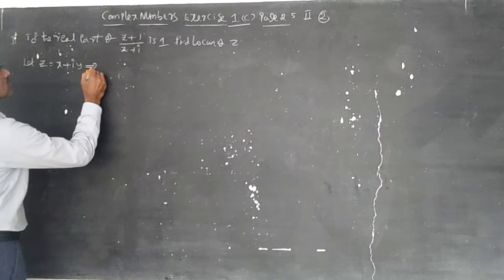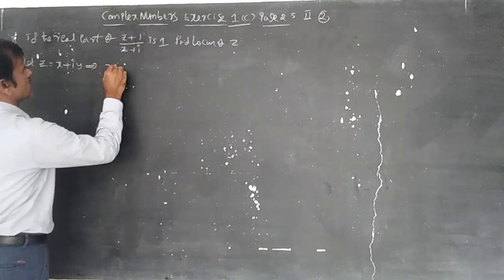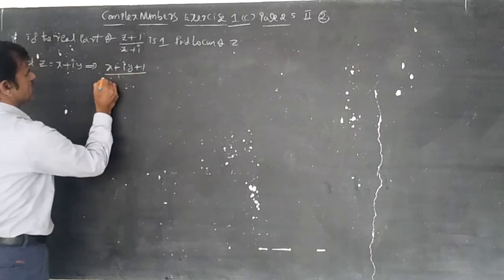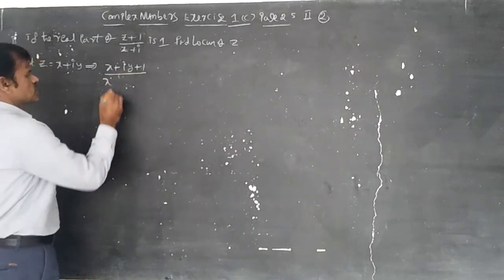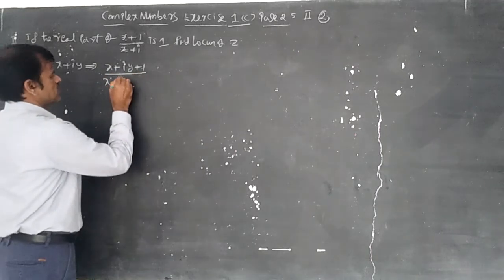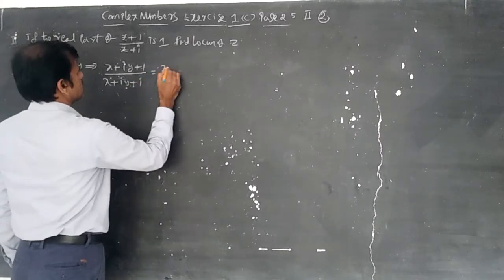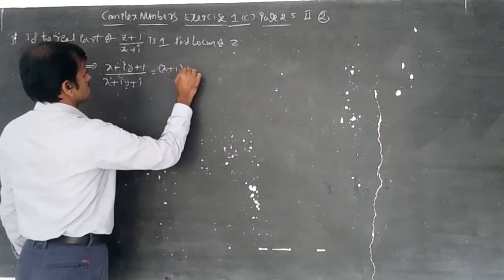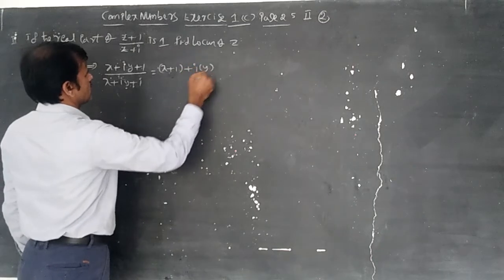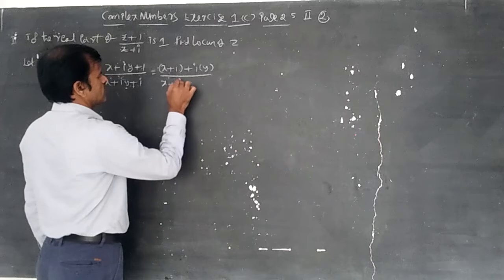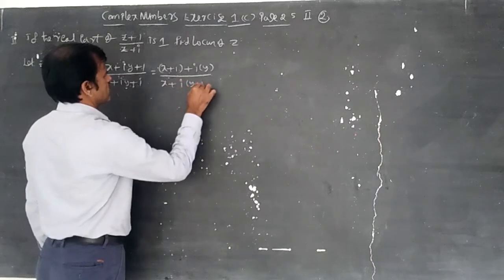That implies (z plus 1) by (z plus i) can be written as (x plus iy plus 1) by (x plus iy plus i), that is equal to (x plus 1 plus iy) by (x plus i(y plus 1)).